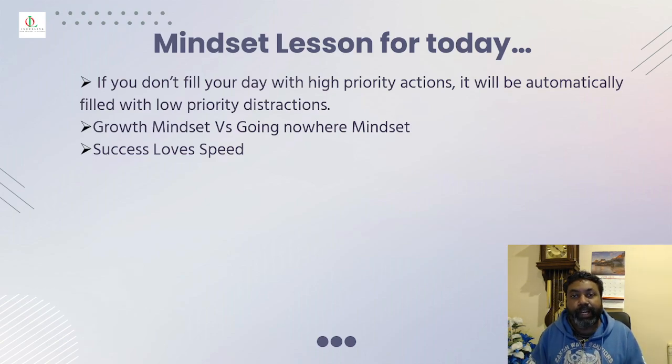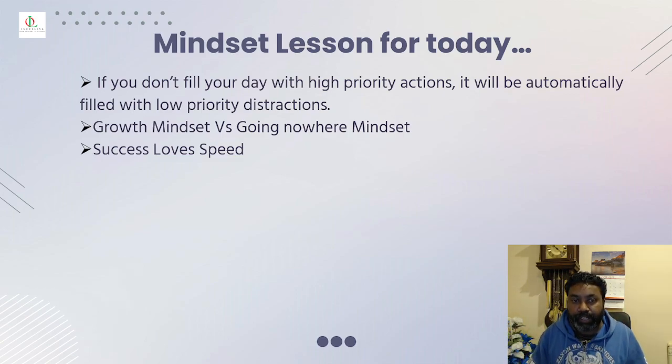The second point I would like to mention here is that there are two different mindsets: growth mindset versus going nowhere mindset. The growth mindset is, if you happen to fail sometimes, your mind looks for all the improvements to make it a success, or in other words, it keeps looking for ways to get it to a success mode.